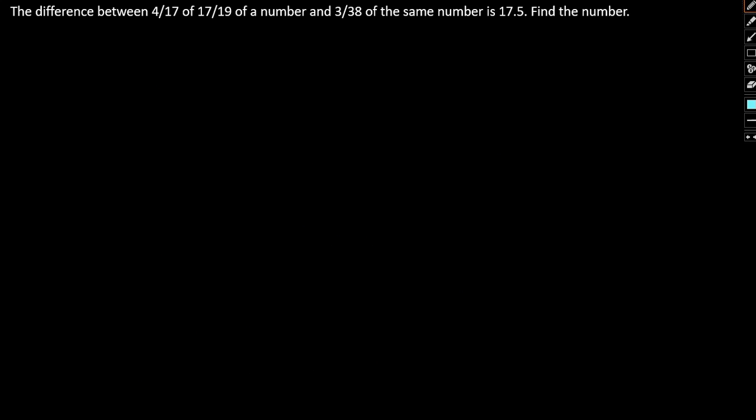Okay, so here's the third question. The difference between 4 by 17th of 17 by 19th of a number and 3 by 38 of the same number is 17.5. So find the number. So let the number equal to x.